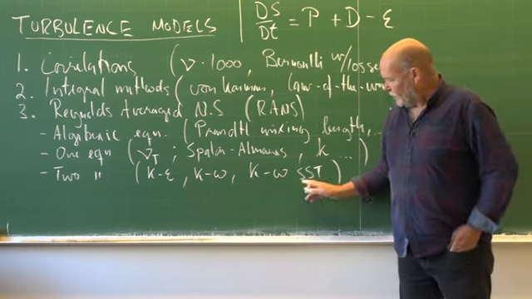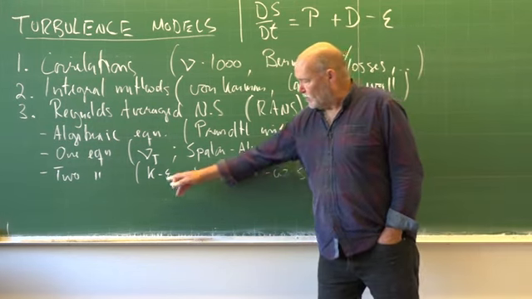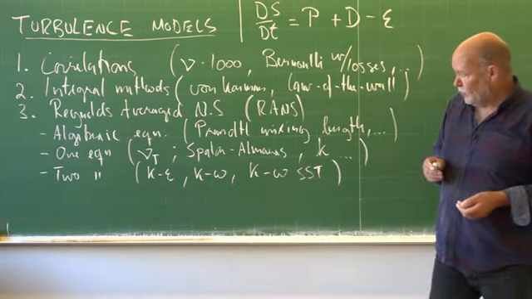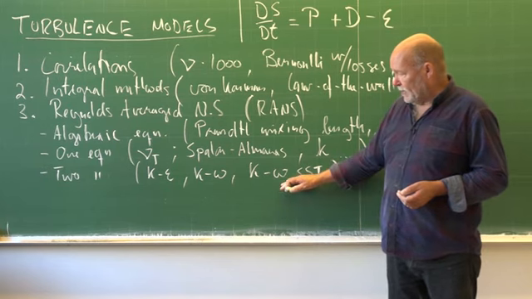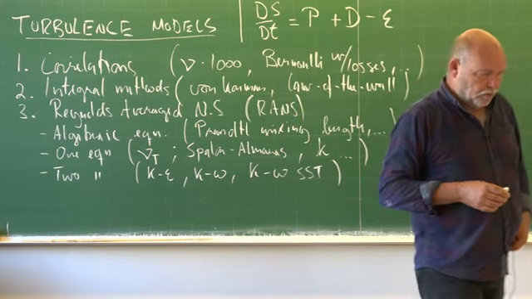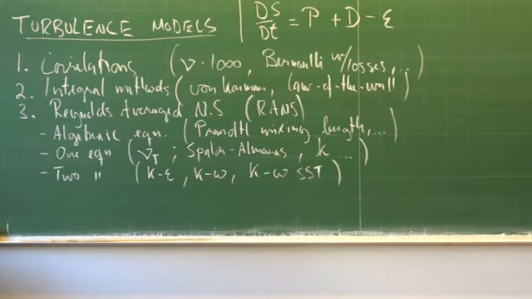K-omega SST tries to mix these and use them where they are good, with a hybrid smoother between them in some region inside your flow. And if you have no idea what to use, you will use K-omega SST. That's typically a good place to start.